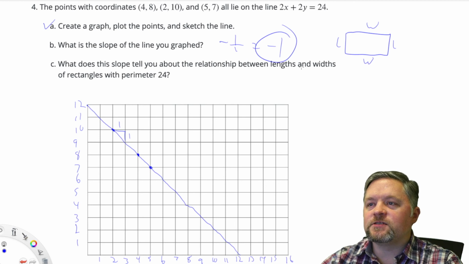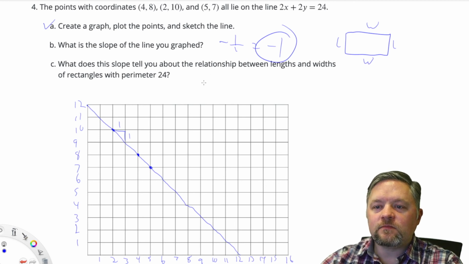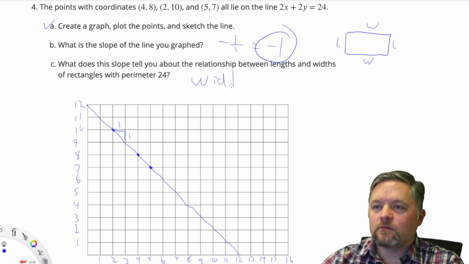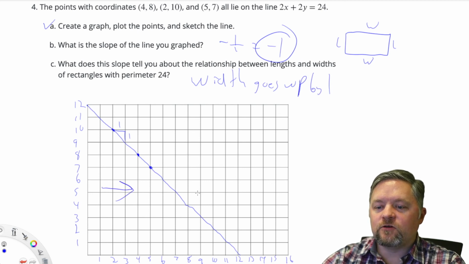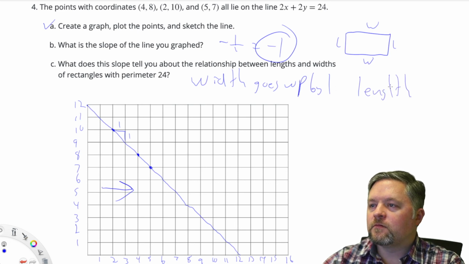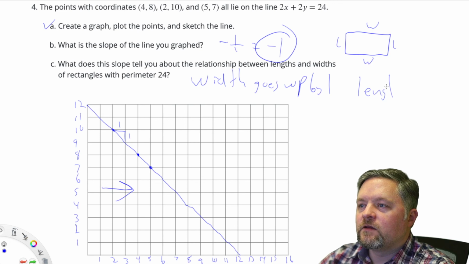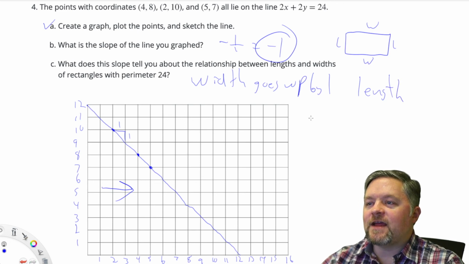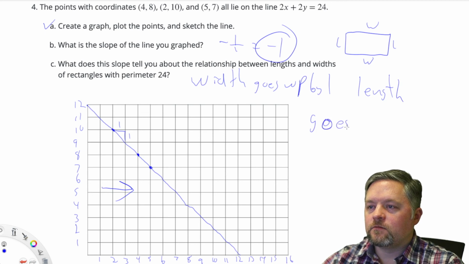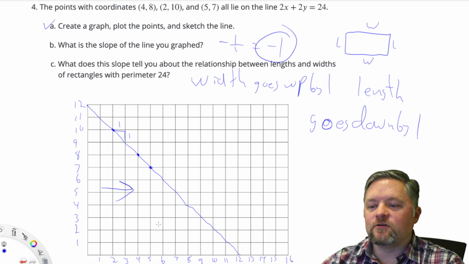What does the slope tell us about lengths and widths? Well, if our width goes up by 1, the length, can't even spell the word length right, goes down 1.